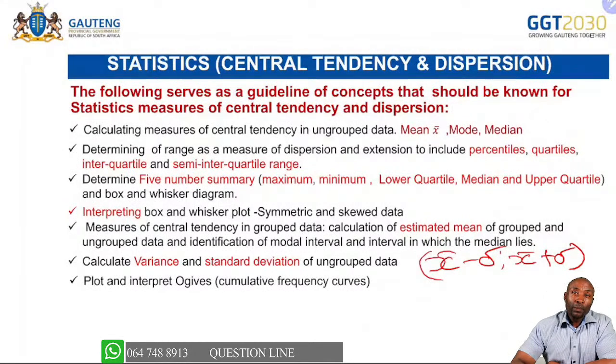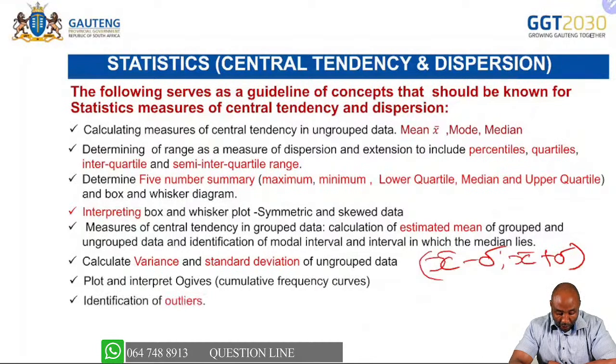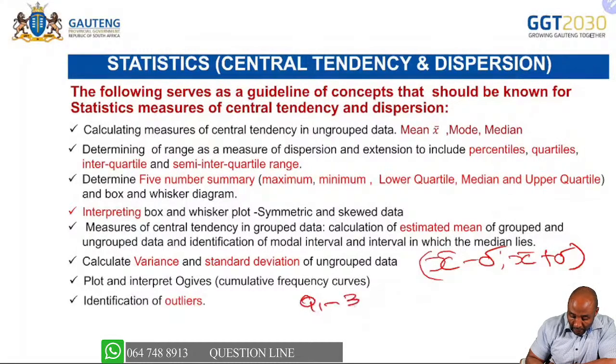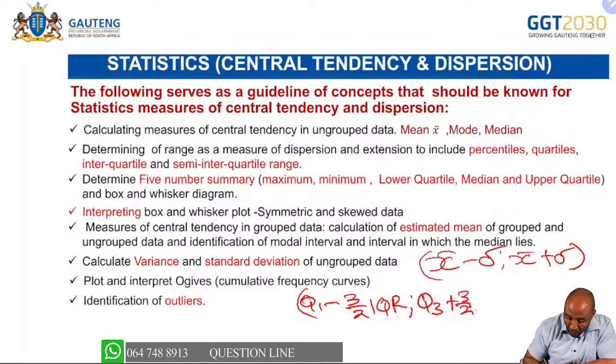We should also be able to plot and interpret ogives for our cumulative frequency curves. And we should be able to identify our outliers. We know the formula for identifying our outliers. It's given by Q1 minus 3/2 of our interquartile range, Q3 plus 3 over 2 of our interquartile range.